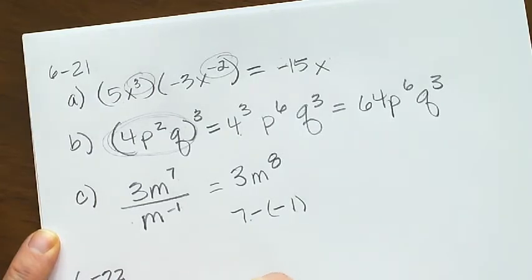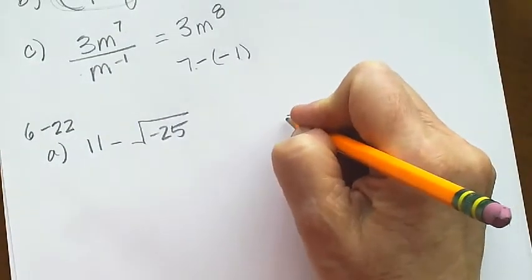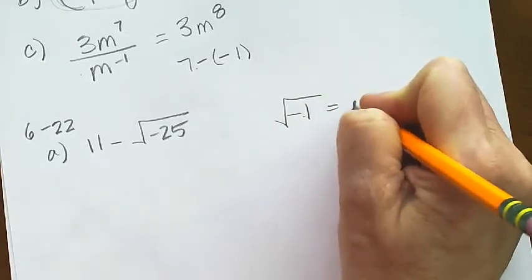We have 11 minus the square root of negative 25. So remember that the square root of negative 1 is i.